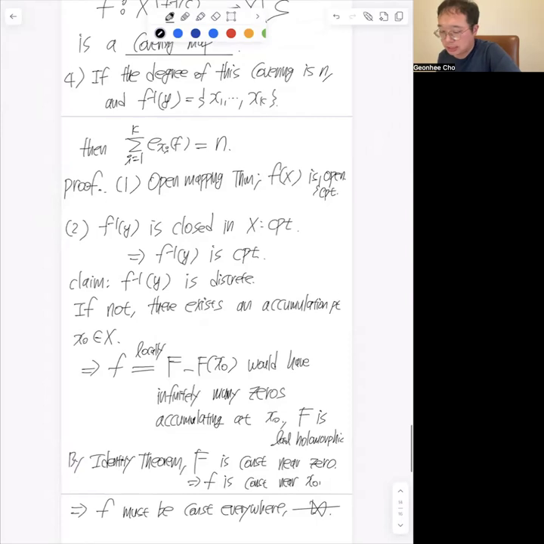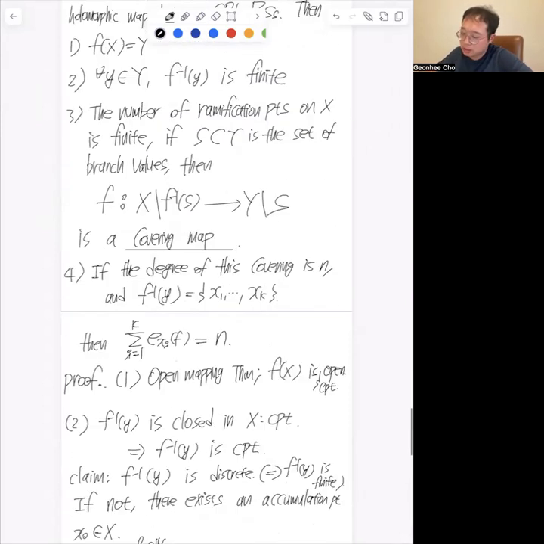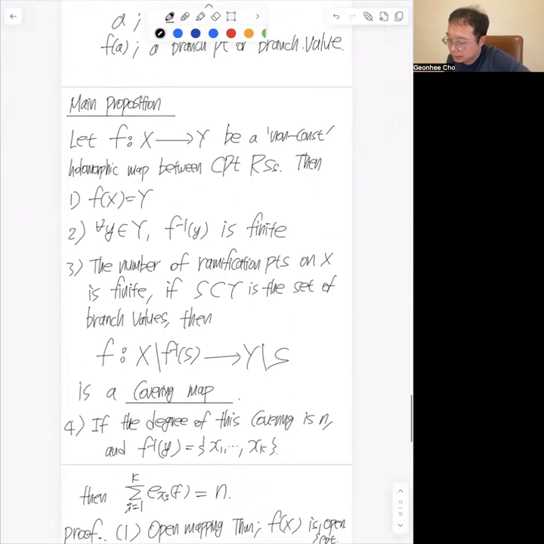So this forces the fiber to be finite. Once we establish this claim, the fiber, being compact and discrete, is finite. So now we have established the second implication.